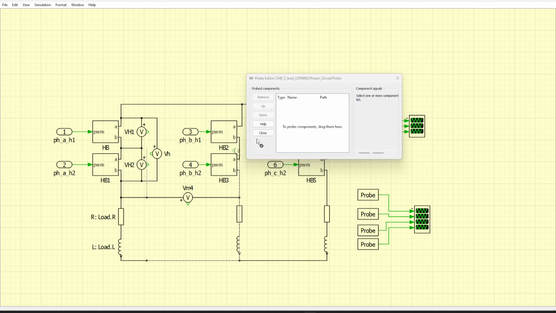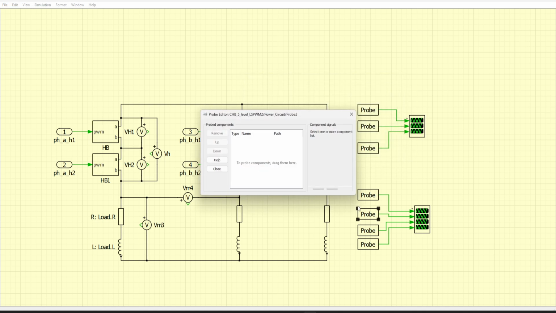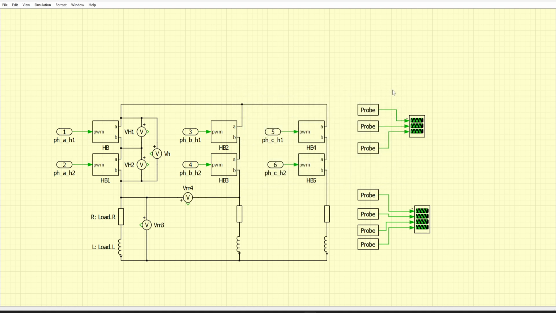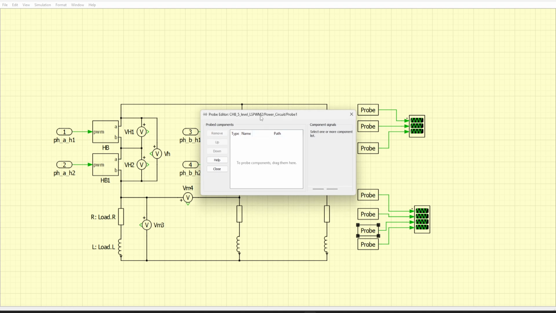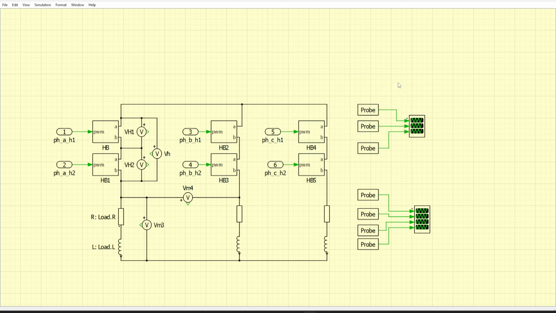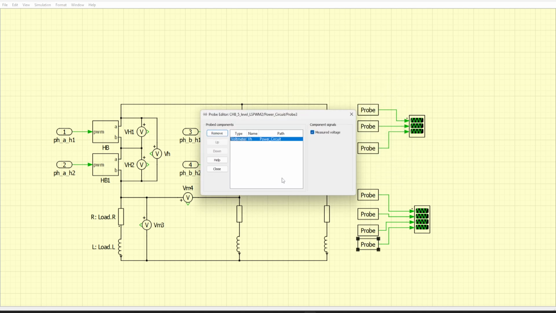Let's take the load voltage here. Measured voltage for the second one. Let's take the line-to-line voltage. And for the third one, let's take the current. I will take the current of phase A. Let's take the resistor, and then the resistor current is the phase current ultimately. And this is already there.